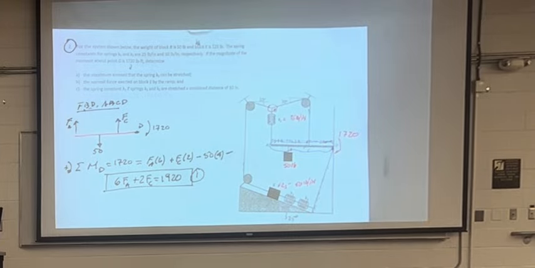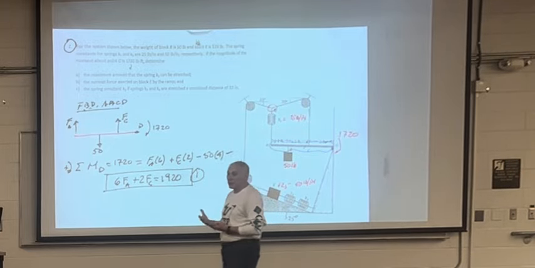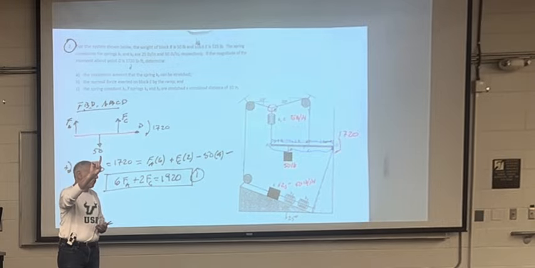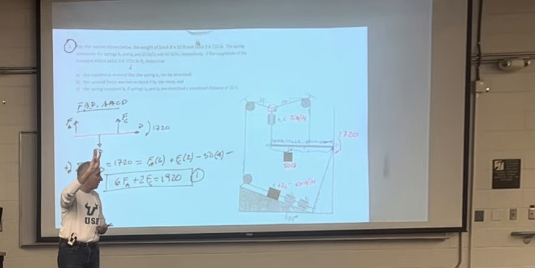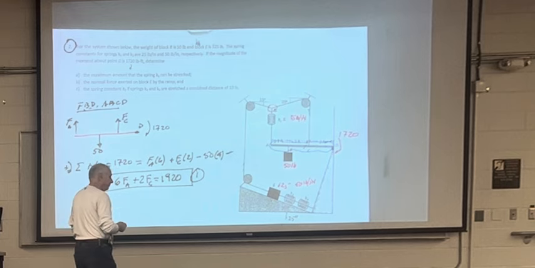And honestly, I'm foreshadowing what's going to happen in chapter 5. In chapter 5, you're going to write a force X, a force Y, and a moment. And that's exactly what you're doing here.